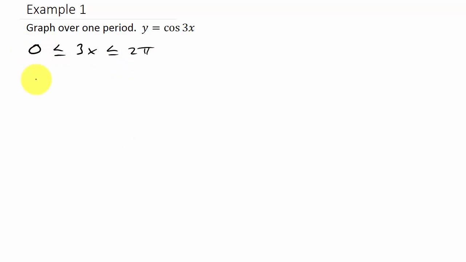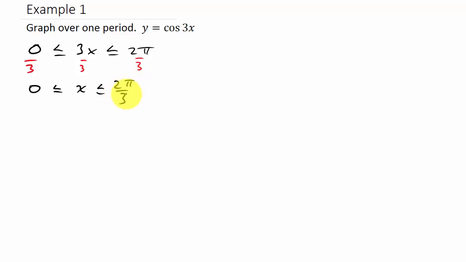That's every time. The 0 and the 2 pi are going to be the same every single time, and what goes in between them is whatever we're taking the cosine of. Then all we do is solve for x. So here we would divide everything by 3, and I get 0 less than or equal to x less than or equal to 2 pi over 3.